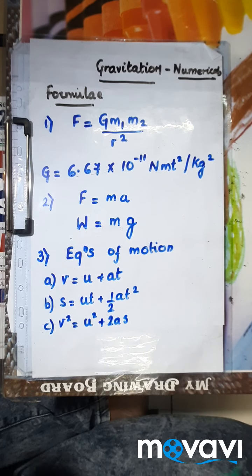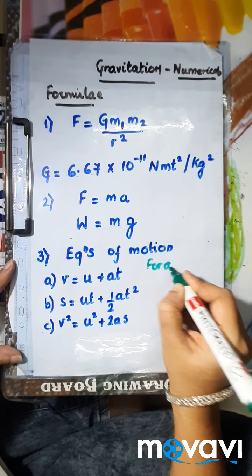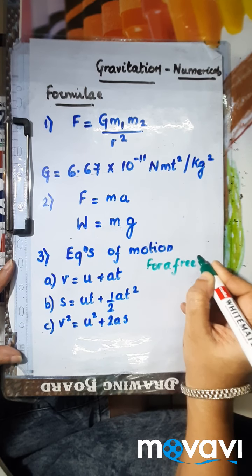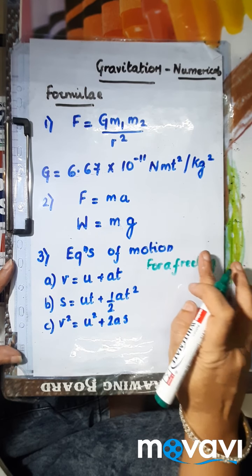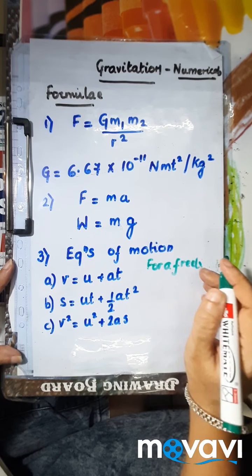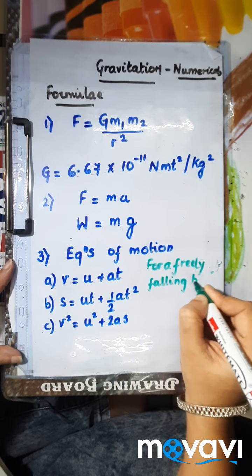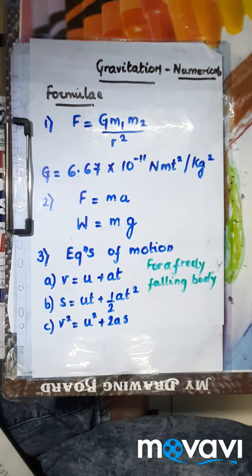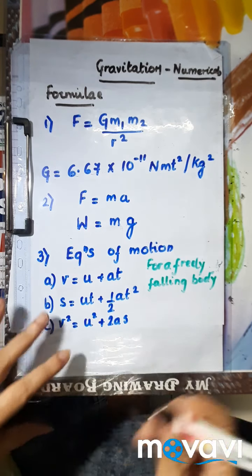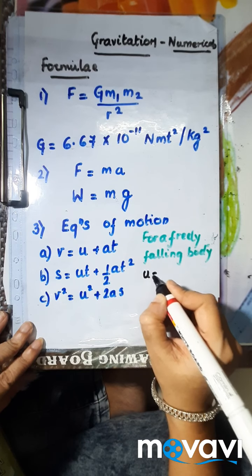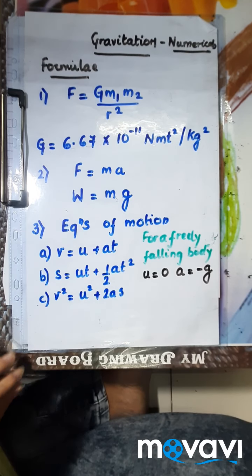But I must note that for a freely falling body, I hope you can see this green color, when the body falls from top to bottom, my U is equal to 0 and my acceleration due to gravity is minus G, because it is going against the gravity.